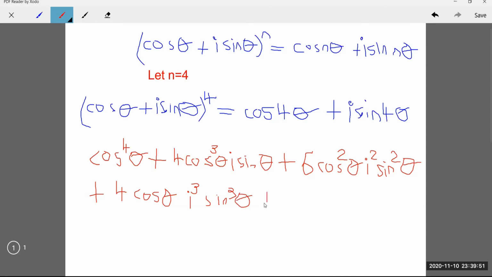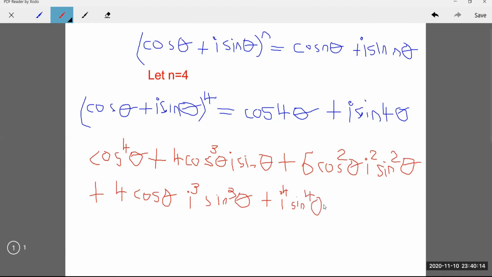Plus I to the fourth power sine to the fourth power. Now I to the fourth power is just I to the 4 sine to the 4 theta.